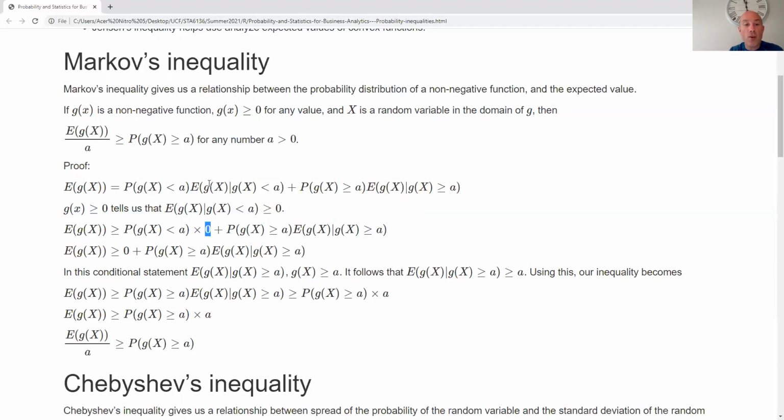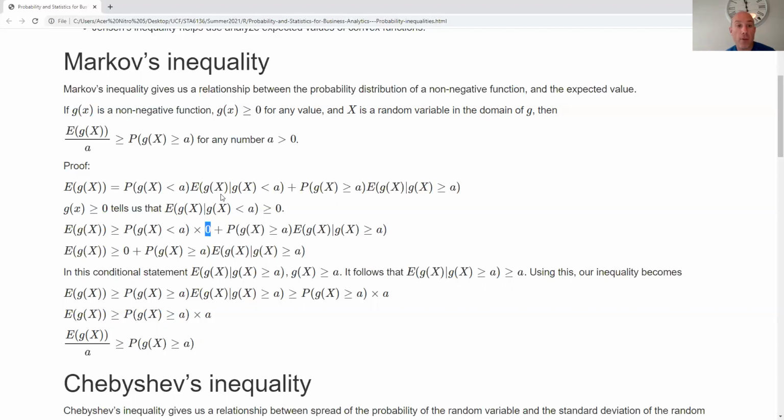So this part here has been replaced with 0. All right, so I know I took this and I replaced it with a smaller value. That means the whole statement on the right of that equation has to be less than what it was before I made that replacement.